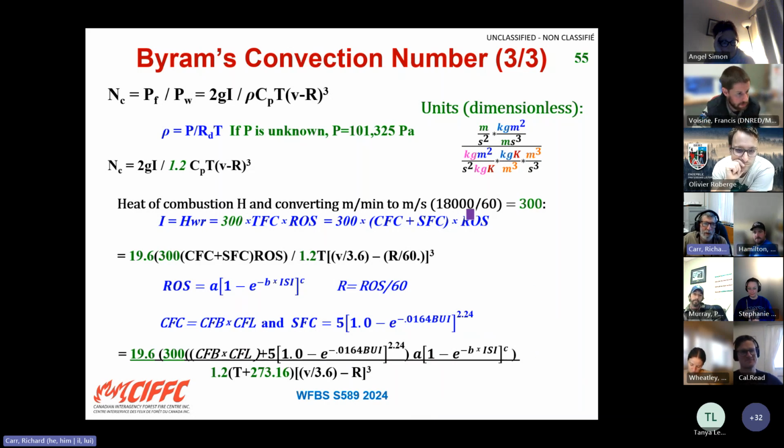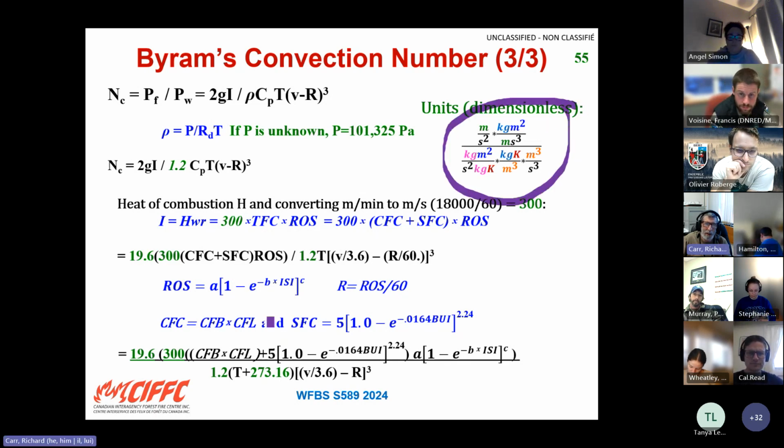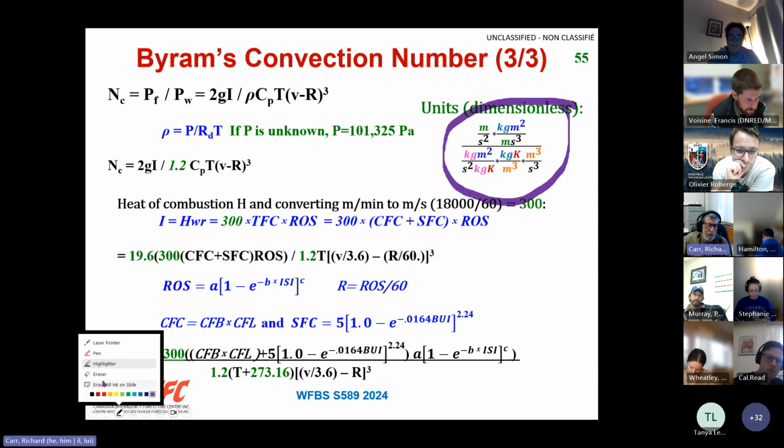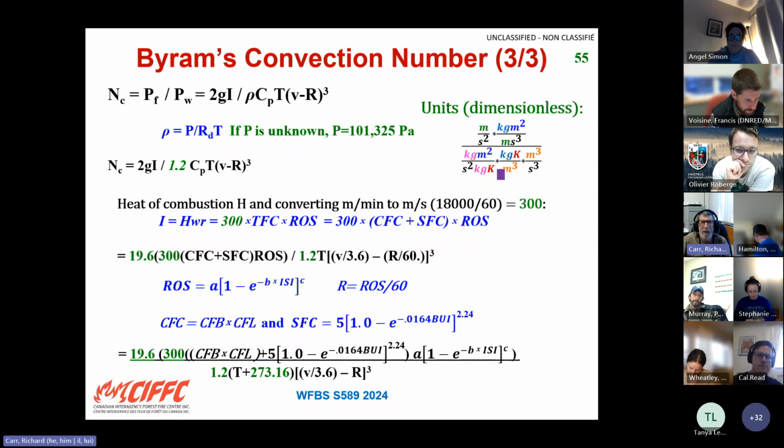When you get into these fairly complex equations, just at the top right, an analysis of units can help determine if you've got it laid out correctly. And in this case, we're doing a strict power ratio, so it should come out dimensionless, no units. So all of these things should cancel out if it's laid out properly.